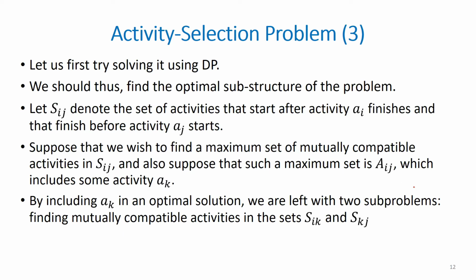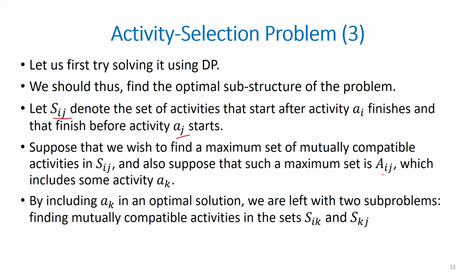Now, let us think of a DP solution to this problem, where we need to formulate an optimal substructure for the problem. We define the set S_ij, which refers to the set of activities that start after activity A_i finishes and finish before the start of activity A_j. We now want to find the maximum set of compatible activities in S_ij.